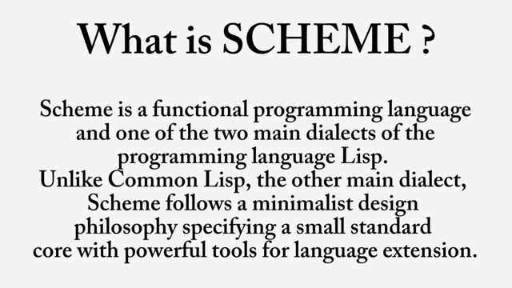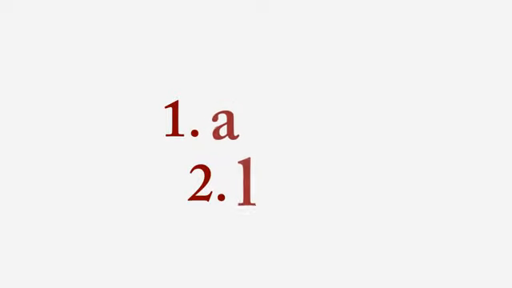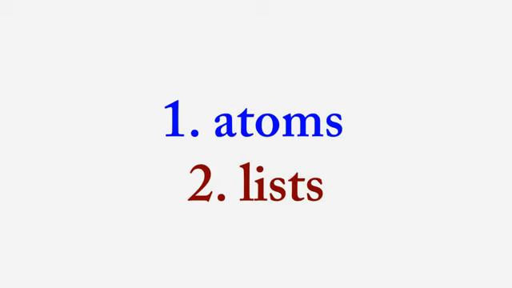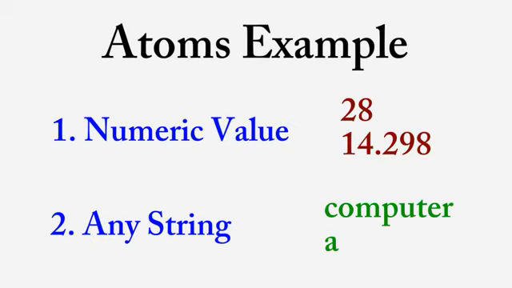Scheme uses static scoping. Scheme permits two types of objects: atoms and lists. Atoms can be either numeric atoms or string atoms. Lists are comprised of a sequence of atoms and lists separated by blanks and parentheses.